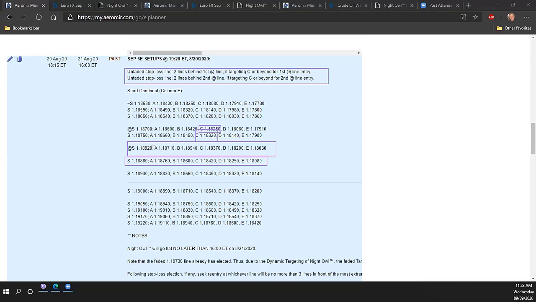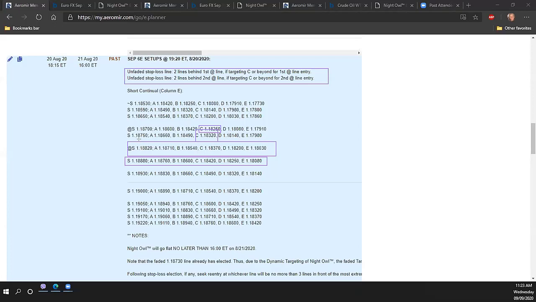This is a key point. When you have more than 1 at line, as we do in this array, you want to be sure that your stop for the first at line is somewhere behind the second at line. Why? Because if we put the stop in front of the at line, let's say just for the sake of example here, we put a stop at 1879 and the at line is at 1882.